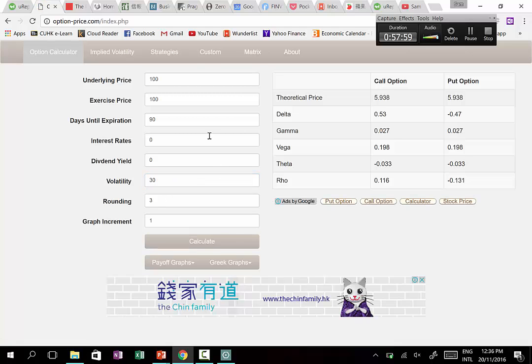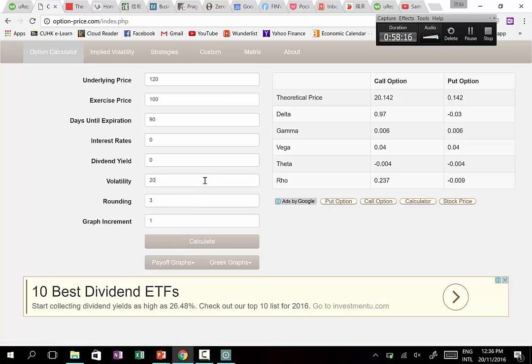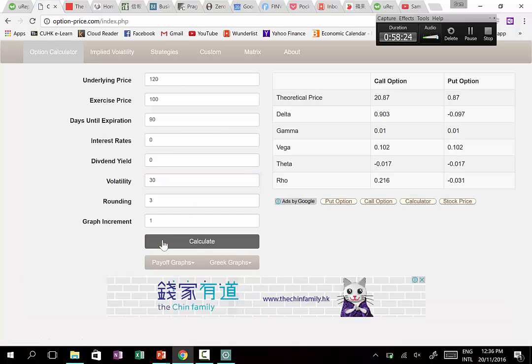This is trying to measure the change of vega itself, whereas if I start from 20, but this option was seriously out of the money, the vega, as I said, was 0.04. If I now change the volatility to 30, it's going to really jump. It's actually jumped 2.5 times from 0.04 to 0.1.